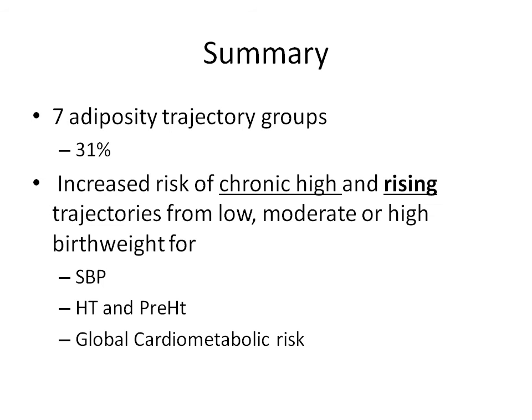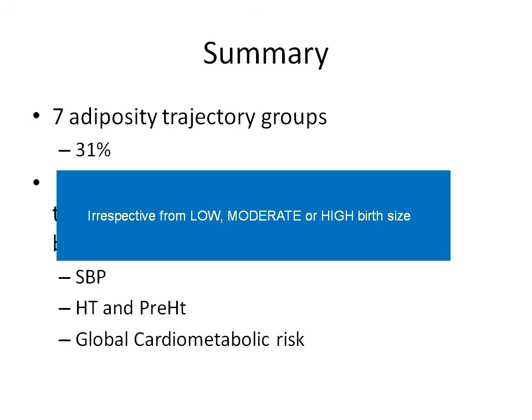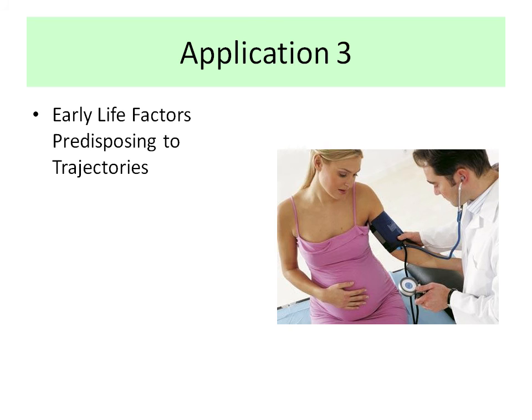In addition, early life factors were shown to predispose to these trajectories. Just to bring you back to this schema, you recall the green writing refers to early factors such as maternal environment, which could affect early life programming.